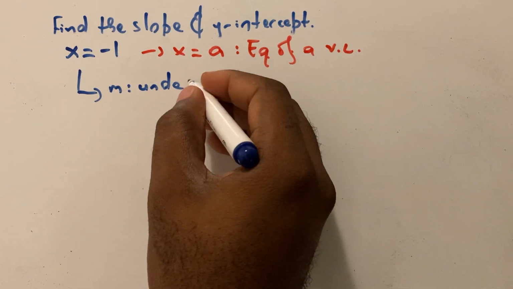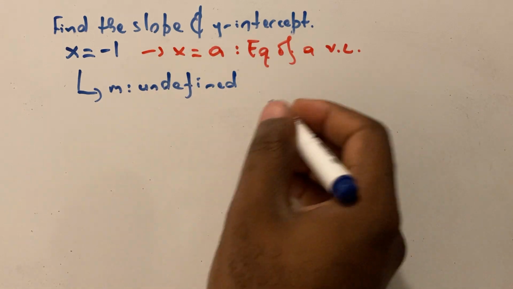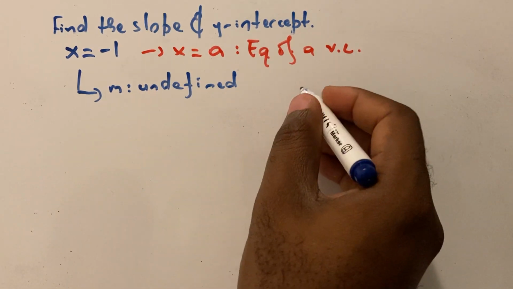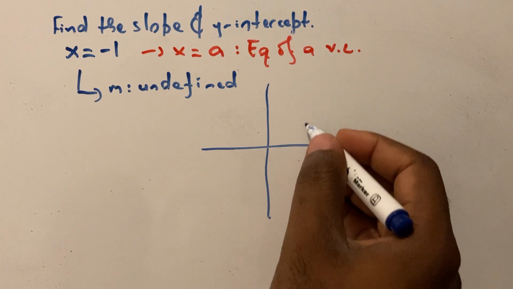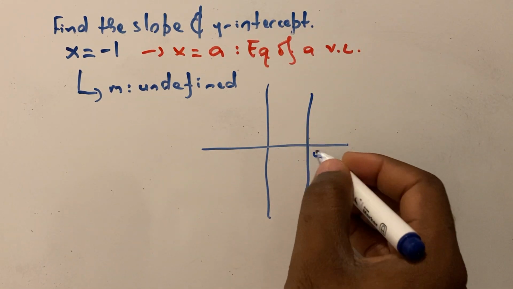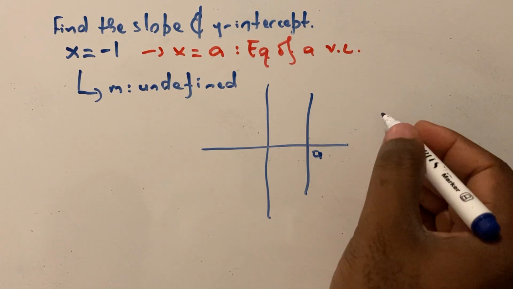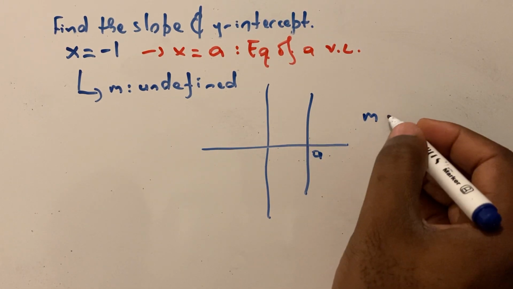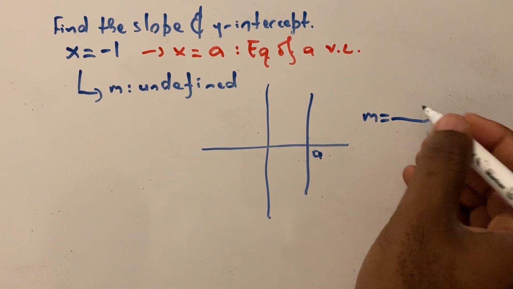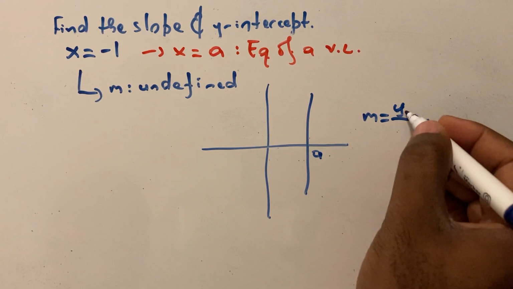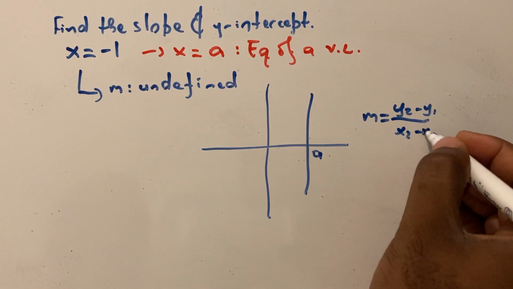Why again? Because if, let's say for example, you have a graph like this and a vertical line right here, for example at a, now remember the formula to find the slope would be y2 minus y1 over x2 minus x1.